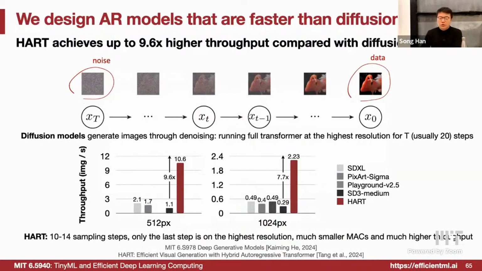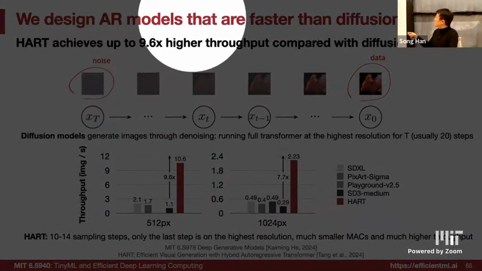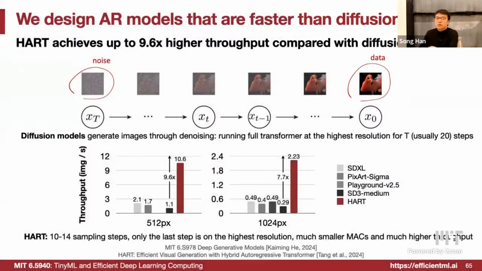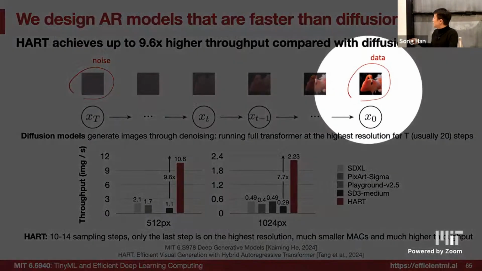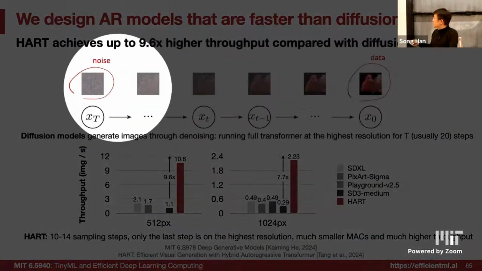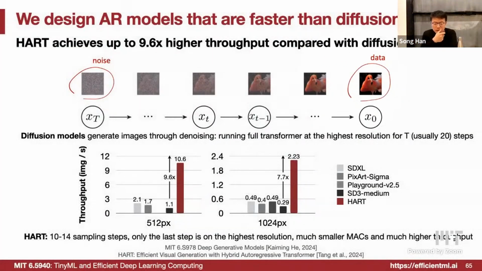So we designed this autoregressive generation, autoregressive short for AR, that can achieve even faster speed than diffusion models. We are going to introduce diffusion in the next lecture, but here we give a very quick hint. It has many timesteps, trying to predict the noise and then subtract the noise, and you require many steps.